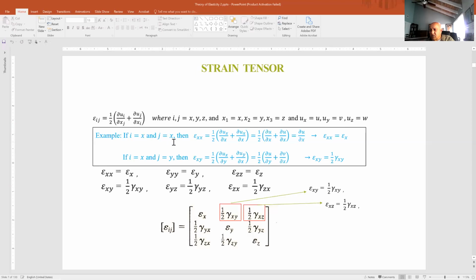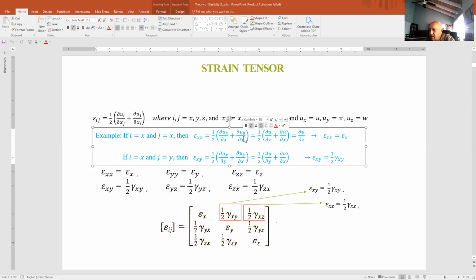So epsilon xx is equal to 1/2 of the partial derivative of ui, and i was x, so it would be ux with respect to x, plus the partial derivative of uj with respect to xi, that is, the same x, because we are dealing with i and j equal to x.